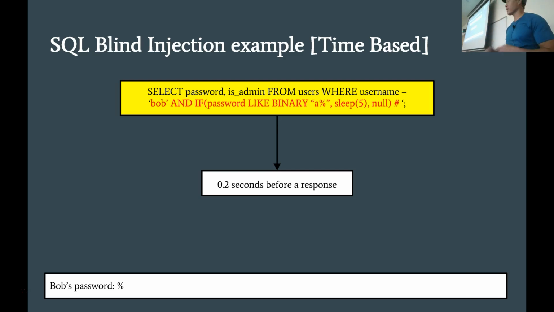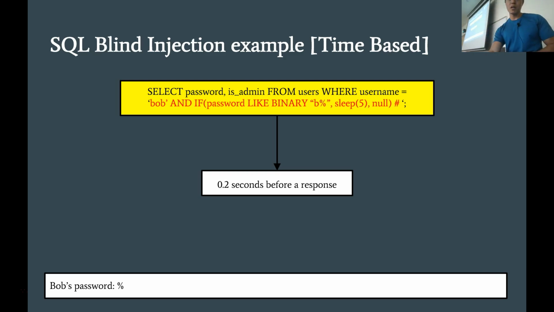Then you say, okay, what about this? I have an A followed by a percent. So this means the first character is A, followed by any other character, zero or more other characters is the percent. And of course, you get a very quick response. So immediately here, you know that Bob's password doesn't begin with an A. And then you can keep on going sequentially through all the characters in the alphabet.